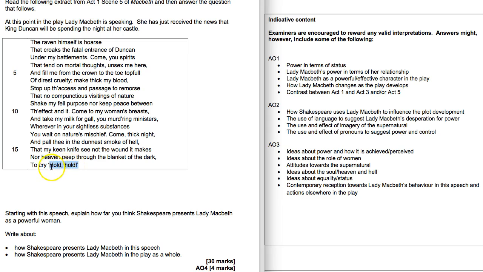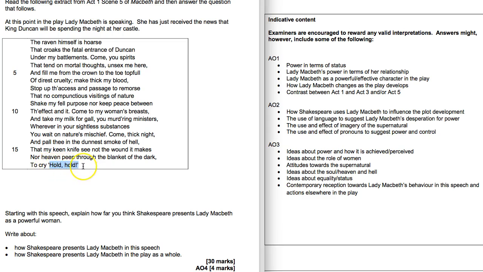So she's going to urge him, and he needs urging. You remember that quotation, "I have no spur to prick the sides of my intent." So Macbeth is worried that although he wants to kill Duncan, he hasn't got enough motive to do so. So Lady Macbeth becomes that motive.